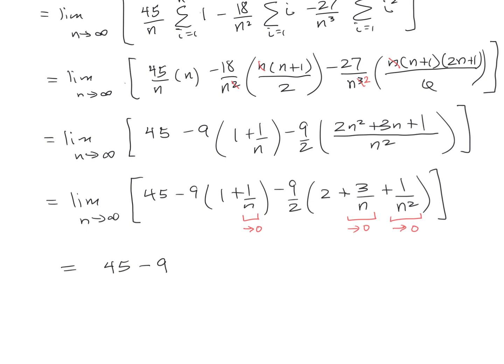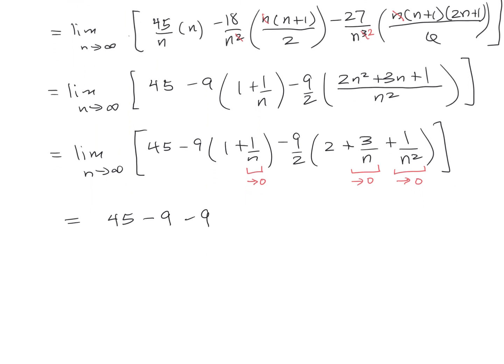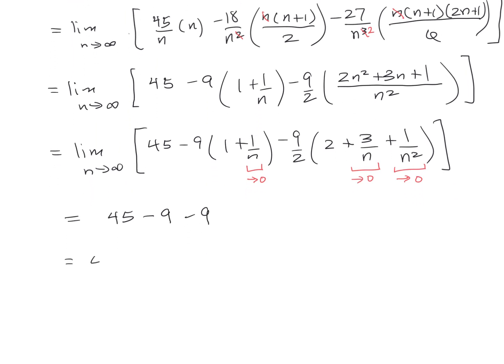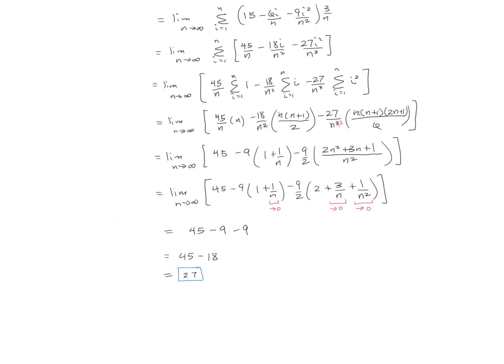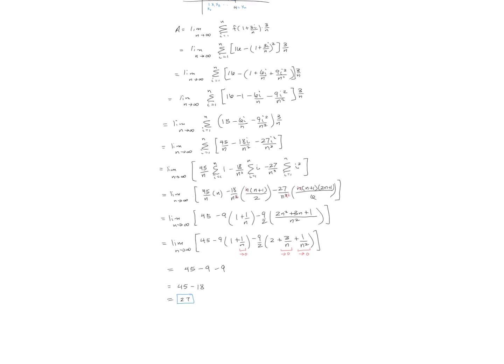And then if we have 9 halves times 2, that's going to be minus 9 again. And so that's going to leave us with 45 minus 18, which is really going to be 25 plus 2, which is 27. So there's 27 units of area below this graph using this infinite sum process.